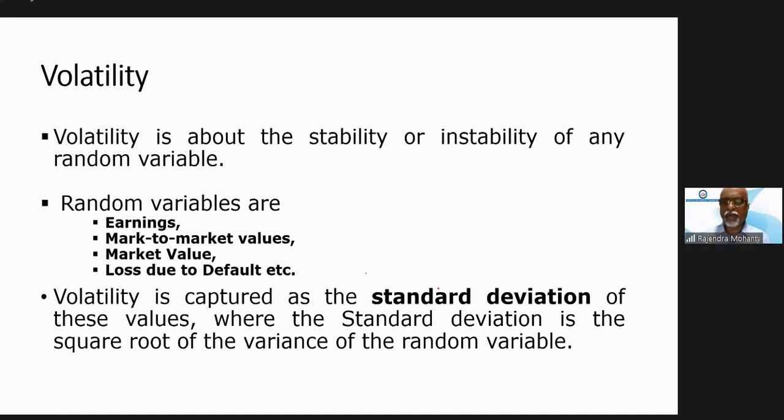So how is volatility measured? Volatility is measured or captured as the standard deviation. We have to use the formula of standard deviation on these values, on any of the random variables we are taking, where the standard deviation is the square root of the variance of the random variable.